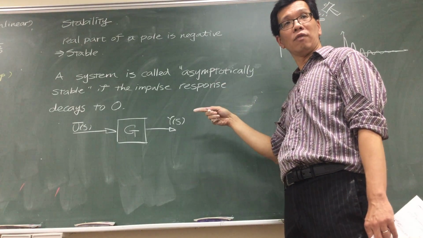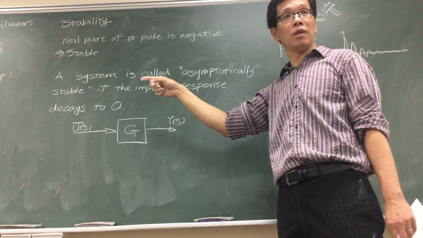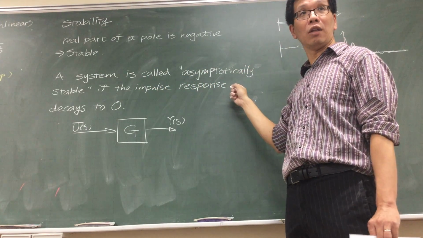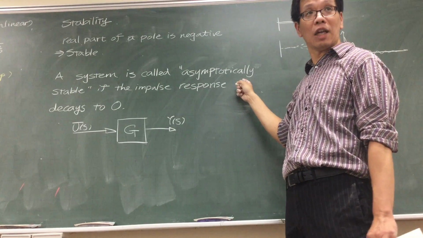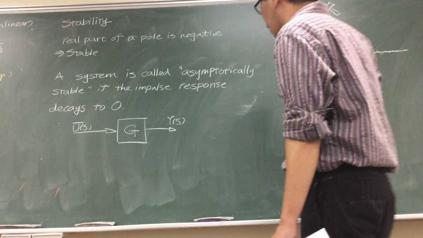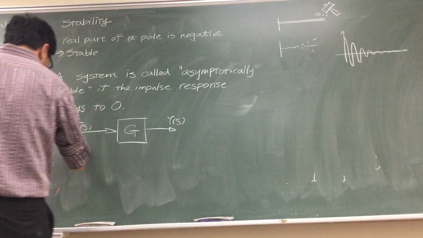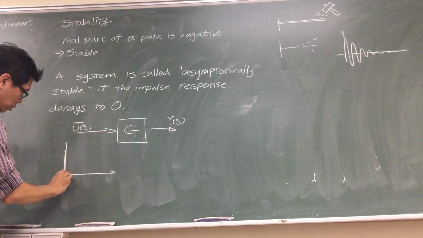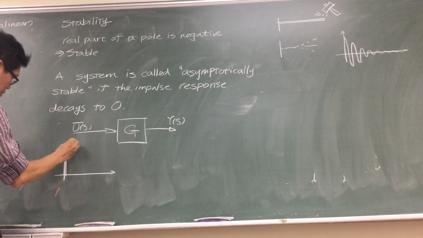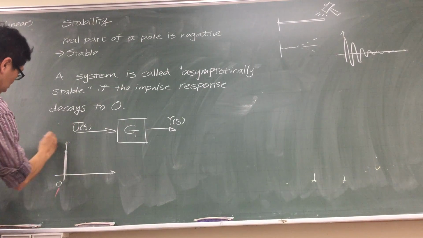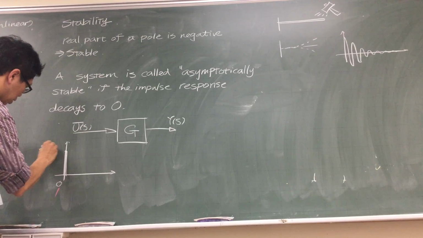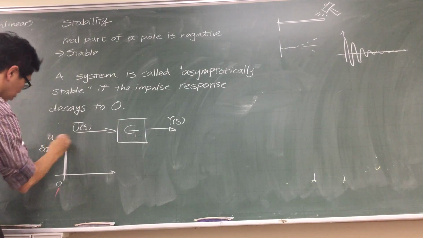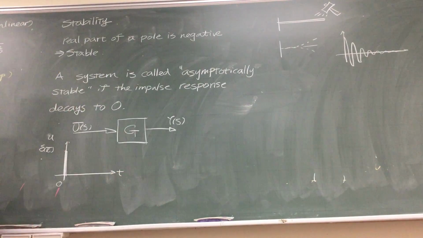This is definition, and you're going to see this term many times in your textbook. So just be sure you understand what this stable means. When you have something like this, your input is impulse. So it's going to be like this. 0. This is delta t. Okay.